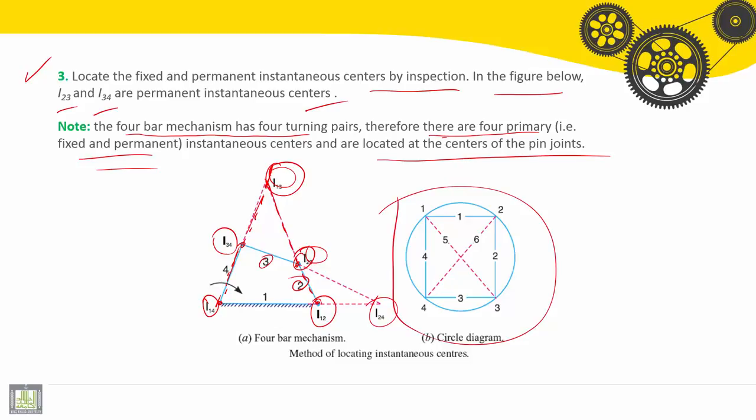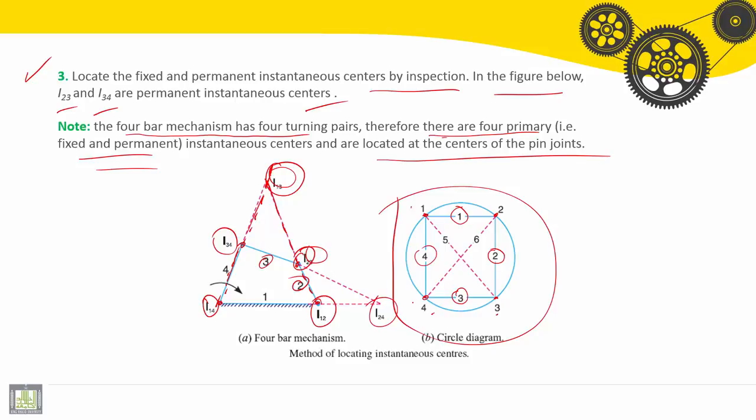If we make the circle diagram here, we have link number 1, link number 2, link number 3, link number 4. The first instantaneous center of rotation is between 1 and 2, the second between 2 and 3, the third between 3 and 4, and the fourth between 4 and 1.